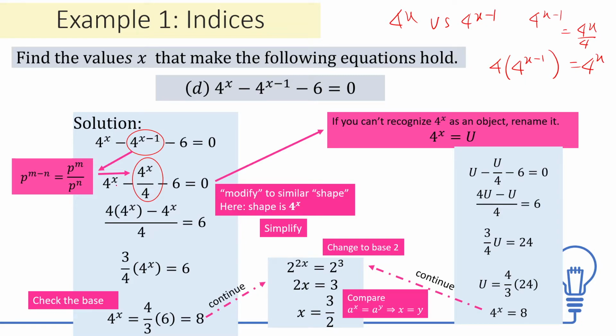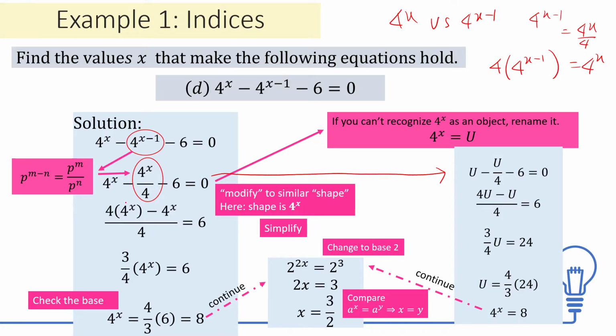So over here we already have the same object. If we can recognize 4^x as an object, straight away I change 4 to the power of x equals u. The equation becomes u minus u over 4 minus 6 equals 0. Why do I want to do so?